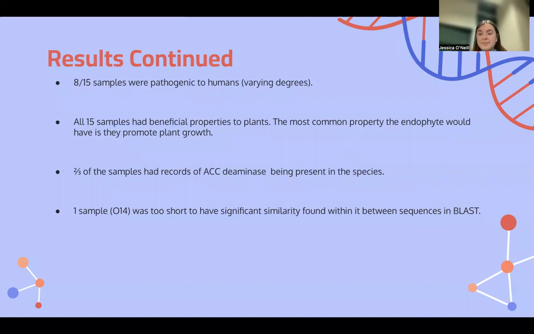So it makes sense that these promote plant growth. And then I had one sample, 014, that was too short to have any significant similarity found within it between other sequences in BLAST. And I had one sample, 012, that was lost during the process of PCR.